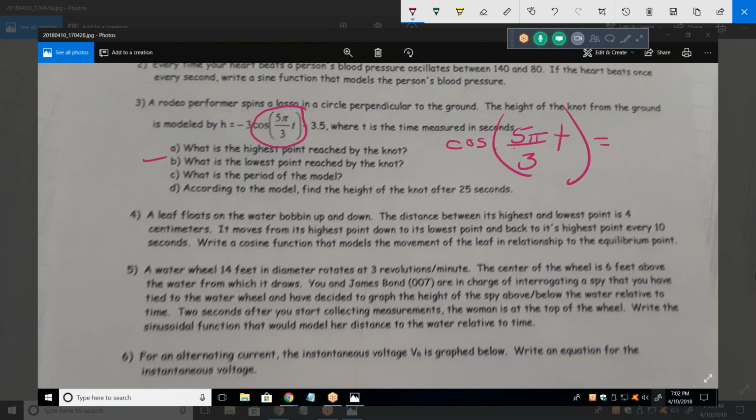Negative 1. Correct? Well, where does that occur on the cosine curve? Right there. So when this is equal to 0, so 5 pi over 3 times t has to equal 0.